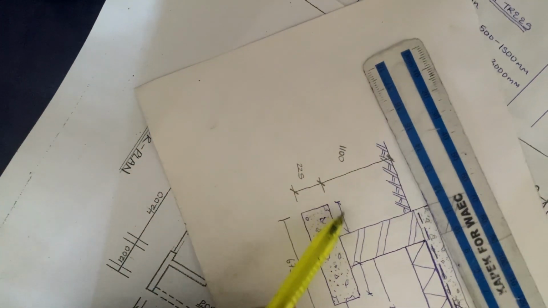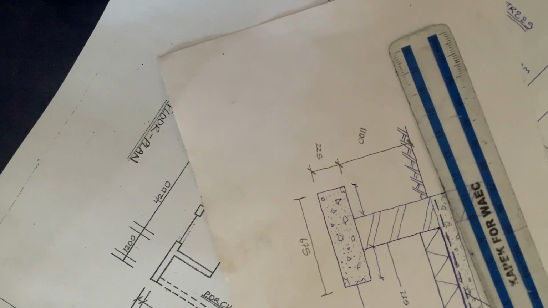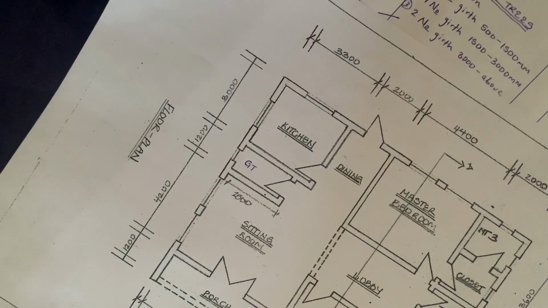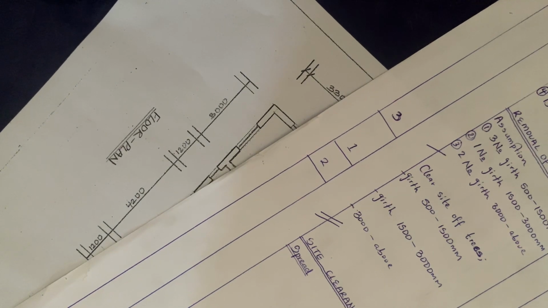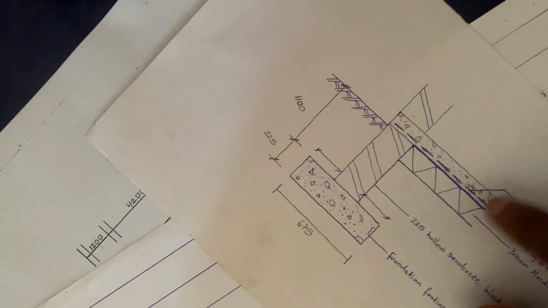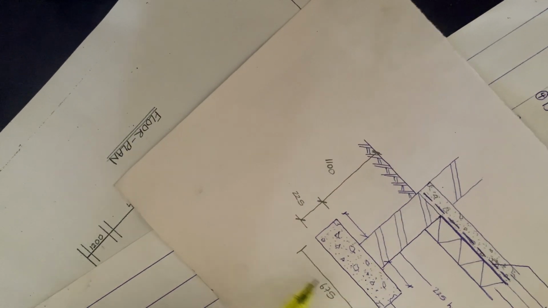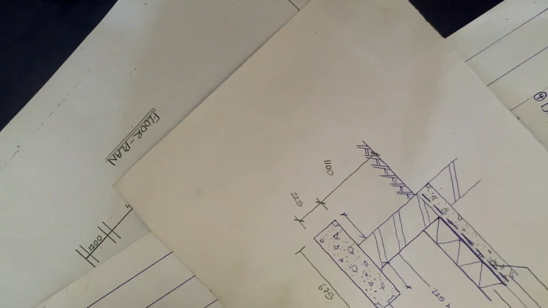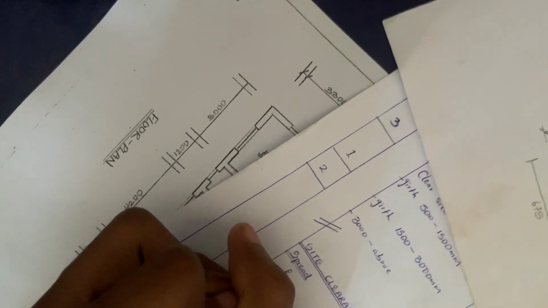Now, from here to here is what we call spread. So how do we calculate for our spread? To calculate for our spread, we have to put some things into consideration. Now, what is the length of our foundation footing? It is 675 mm.